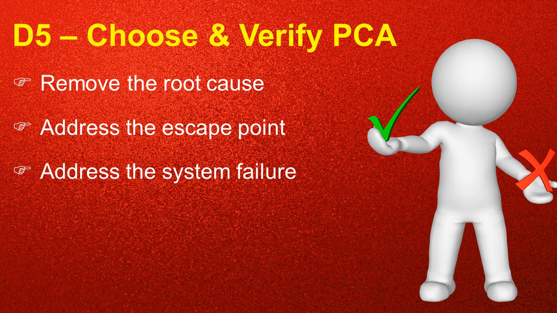Now you have multiple permanent corrective actions which you can take for the same root cause. So how do you identify which is the best permanent corrective action which you can take? You can take the support of this table to identify the best permanent corrective action. This has givens and wants.